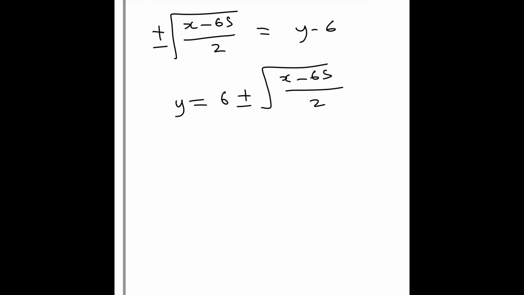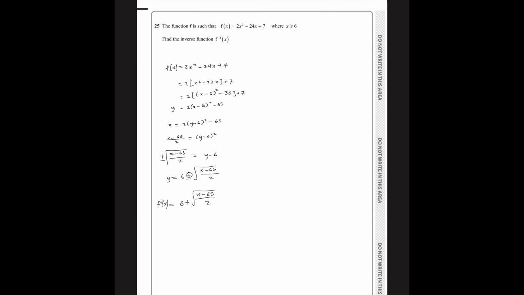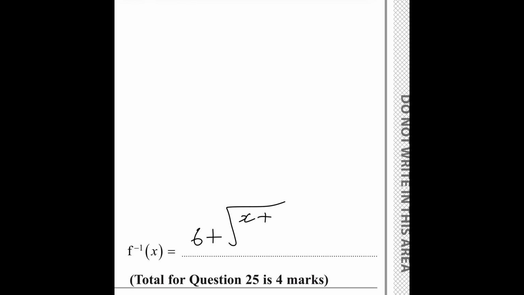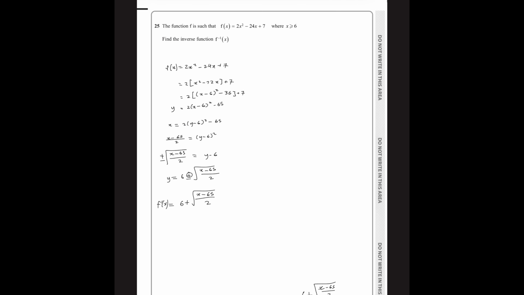So we choose the plus one, so the inverse function is f inverse of x is equal to 6 plus the root of (x minus 65) over 2. And that should be your final answer. Sorry, x minus 65. And yeah, that should be it for this paper.